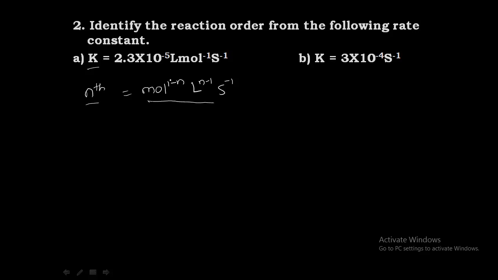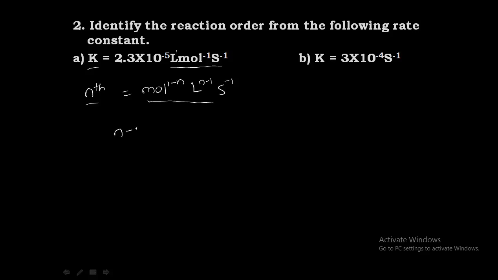Now here they have given the unit liter per mole per second. So here L raised to 1 is there. L raised to 1 means that instead of L raised to n minus 1, 1 is there. That means we have to equate n minus 1 to this one.